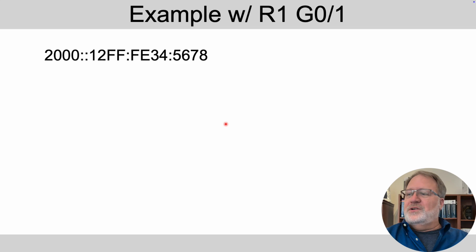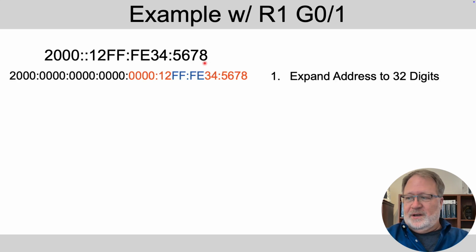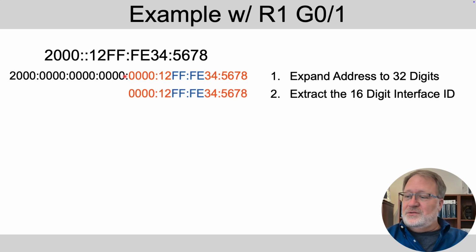For example, if we took the desired address for R1's Gig0/1 interface, which is repeated here in its abbreviated form, here's the process I showed you in the intro. I use the same example, by the way, where you expand to include all the zeros. In the expanded version of the address, the first half is the prefix on the left and the part on the right is the interface ID. Then we just get rid of the prefix to focus on the last 16 hex digits, which are the interface ID.